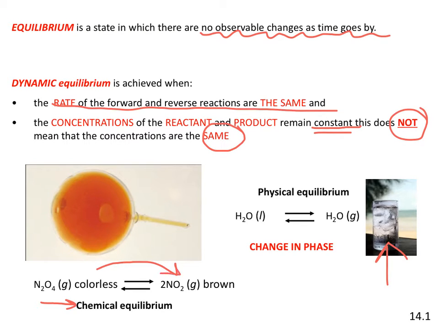So this is a decomposition reaction. Dinitrogen tetroxide produces nitrogen dioxide, which is brown. So you can actually observe the process of the system equilibrating by watching the change in color. And that's done in this glass vial.